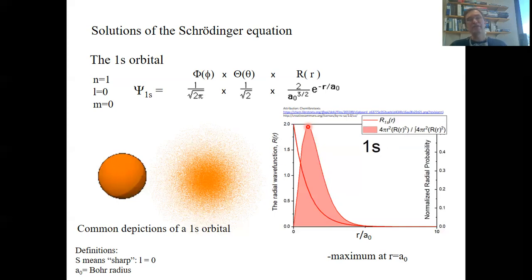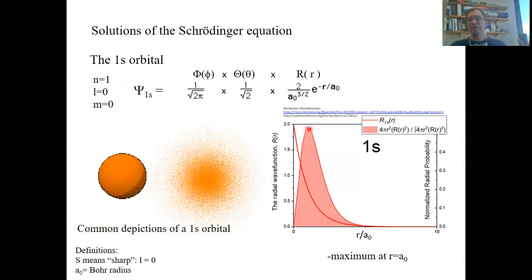It is just that the quantum mechanical model now gives a refined picture, saying that, well, because of the wave properties of the electron, it is not only found on the Bohr radius, it's just found with the greatest probability on the Bohr radius.